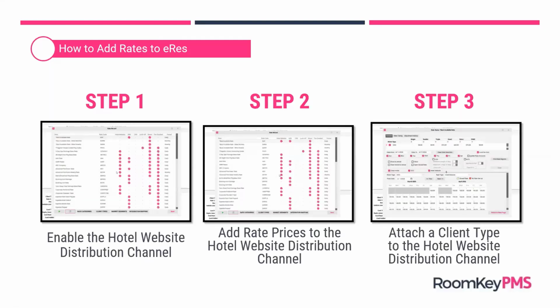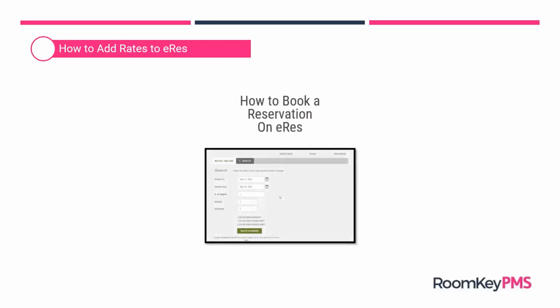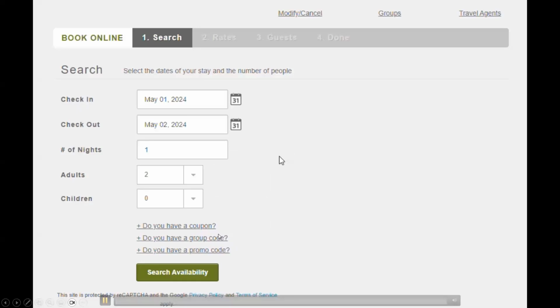So now that we've seen how we can add rates to eRes, let's take a look at how to book a reservation on eRes. So we've loaded that rate, and that was for May 2025. So this is going to show how you can actually book that rate as if you were an online guest. Great.